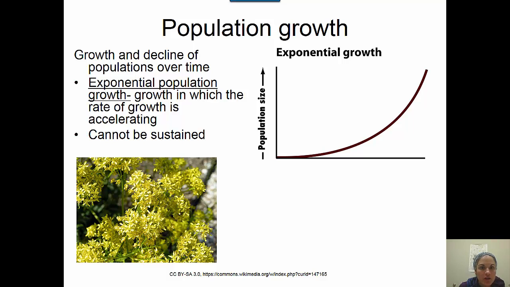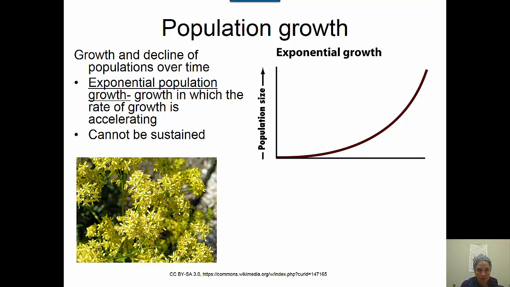Okay, now let's switch gears and talk about population growth. We might be interested in the size of the population, the density of the population, the distribution of the individuals within our population, or we might be interested in knowing, is that population growing, stable, or is it declining?